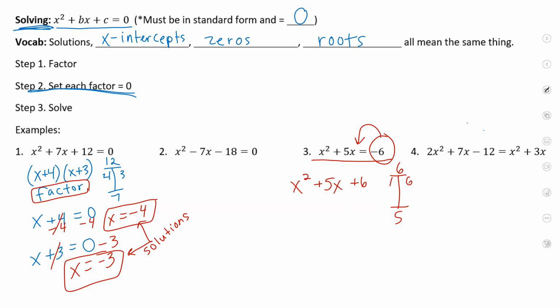So 1 times 6 is 6, but those don't add to 5. But yeah, 2 and 3 work. 2 times 3 is 6, 2 plus 3 is 5. So these are the winning numbers. So my factors are x plus 2 and x plus 3. So guys, label it. These are your factors. If I want the solutions, set them equal to 0 and solve. So x plus 2 equals 0 and x plus 3 equals 0.